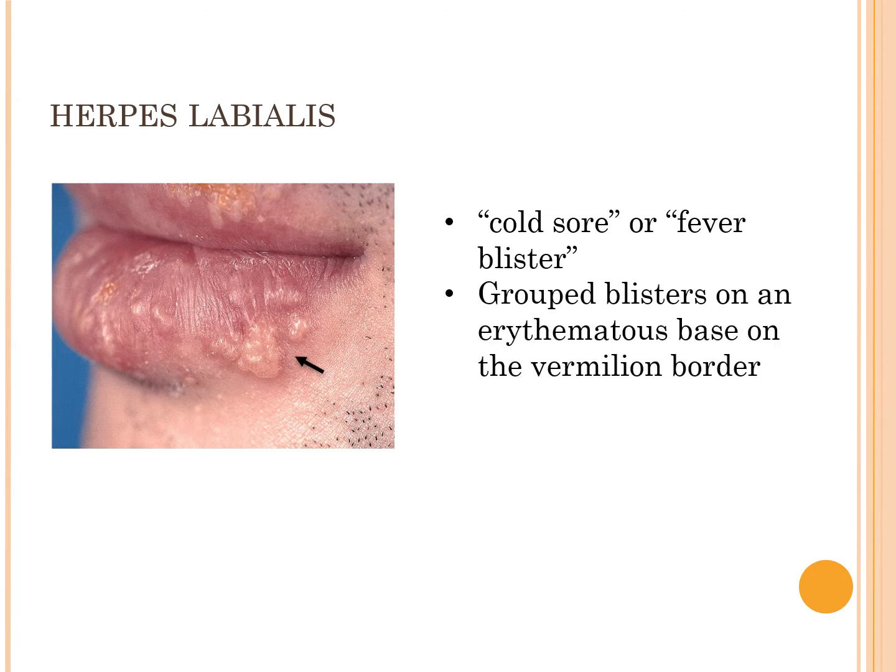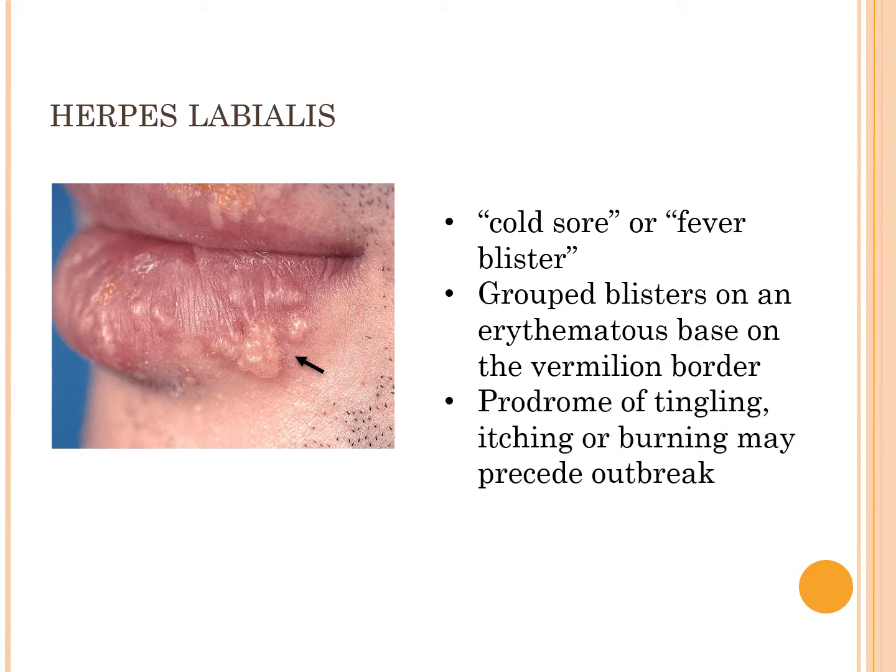It manifests as grouped blisters on an erythematous base on the vermilion border of the lips, and the vermilion border of the lips, as this arrow indicates, is where the skin and the mucosal area of the lips meet. A prodrome of tingling, itching, or burning may precede the outbreak of these vesicles.